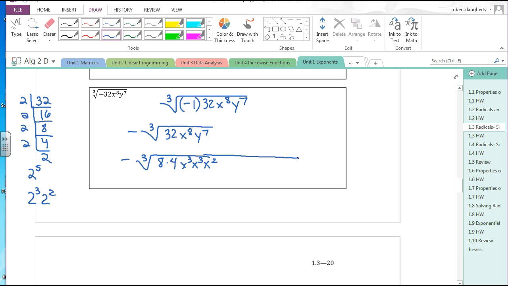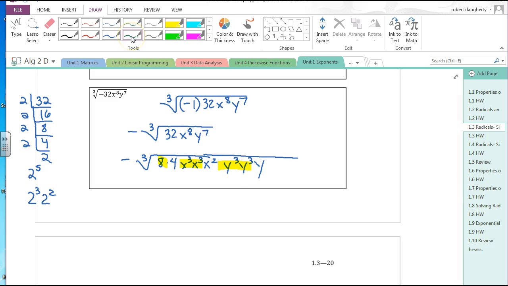And then that y to the 7th, I'm going to write that as y cubed, y. Does everyone see why I did all of that? I organized it as perfect cubes because now I want to simplify. So which of these things are perfect cubes? The 8, all these x's and these y's.